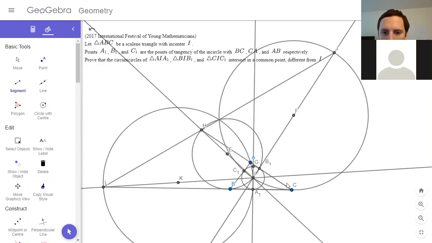Or maybe by the trilinear. Basically, we can apply, is it Desargues theorem or something? Let's see, maybe we can apply that, but we have all the ratios here.